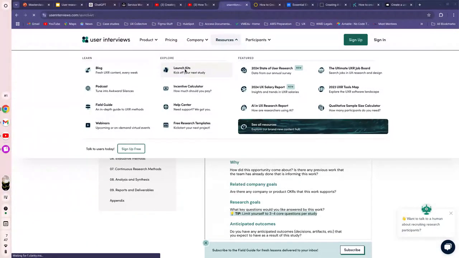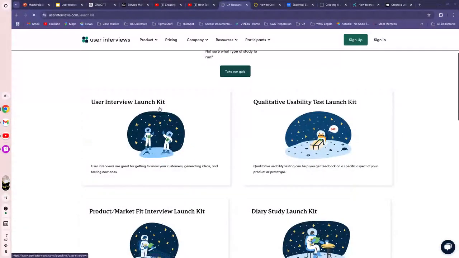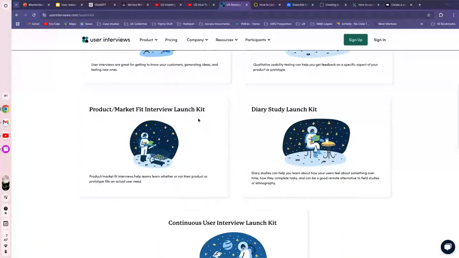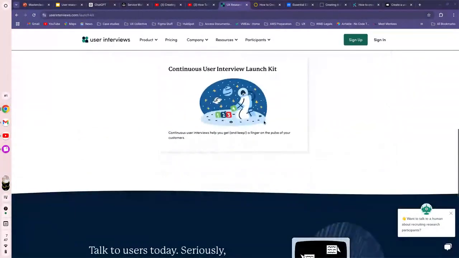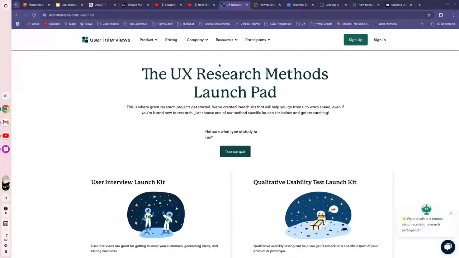You can see User Interview Launch Kit, Qualitative Usability Testing Launch Kit, Product Market Fit Interview Launch Kit, Diary Study Launch Kit, Continuous Interview Launch Kit, and whatnot. I've used them heavily in the past. Quite good. And they have a product that you can use. I think that's what they're selling, really.